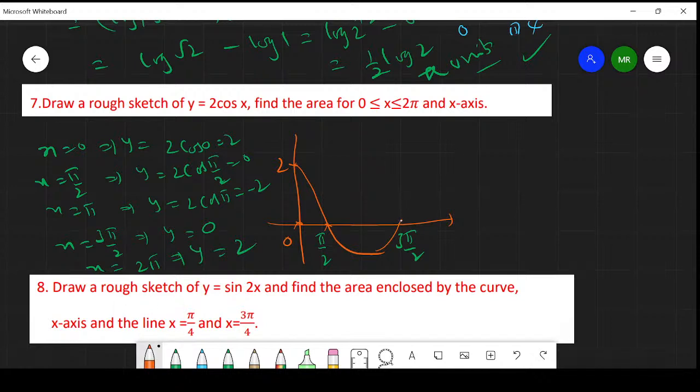I extend the x-axis, and this point is 2 pi. Now what is the required area? This is the required area.